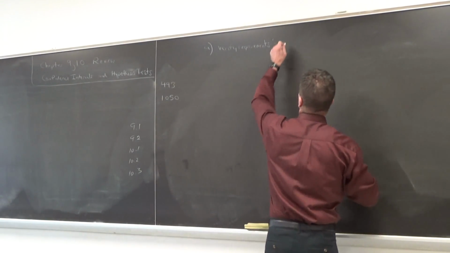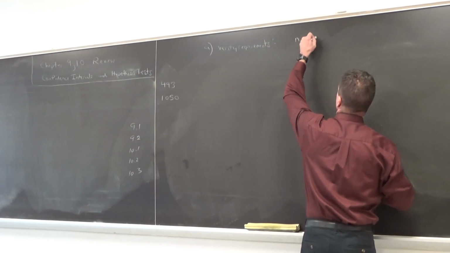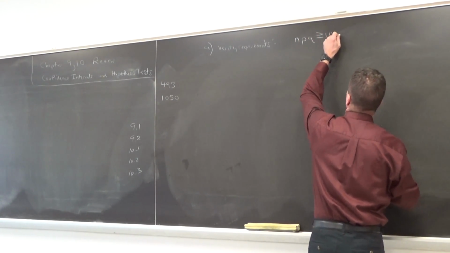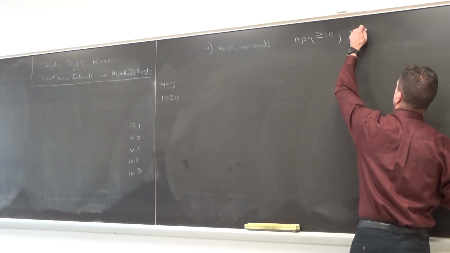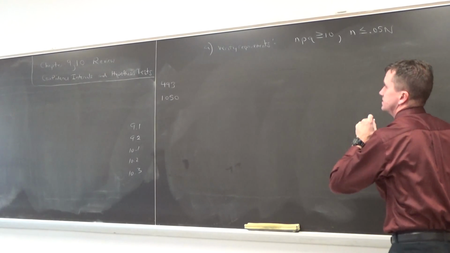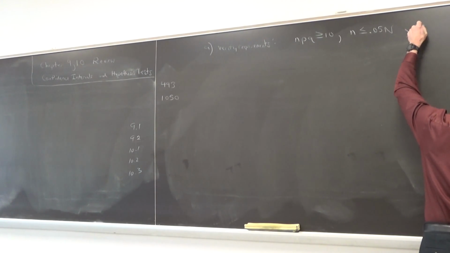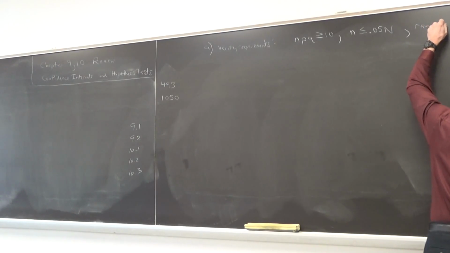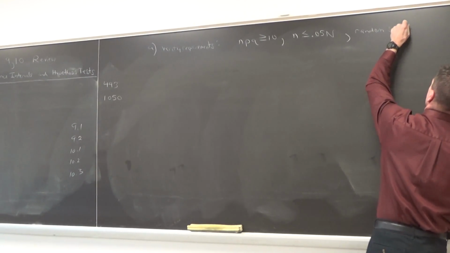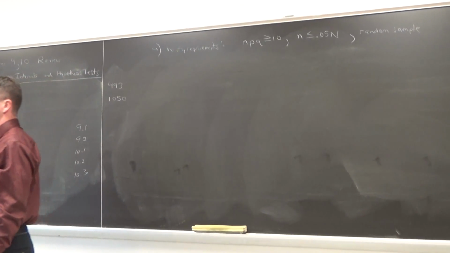Is np q greater than or equal to 10? We're going to check that. We'll also make sure that the sample size is less than 5% of the population size. And it was a random sample, so we can check that off. It was done by Gallup, and they do everything randomly.